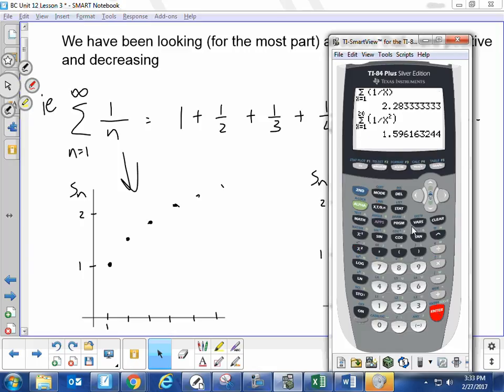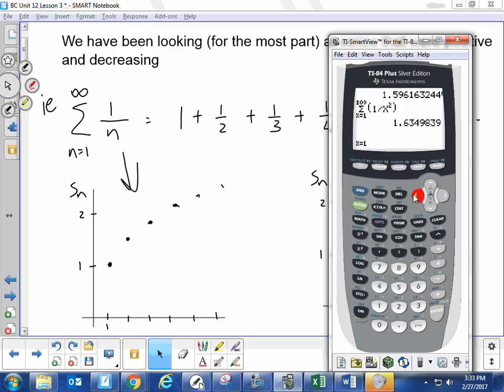And I got 1.59. I can go to 100 and see, are we increasing or are we approaching a value? 1.63. It is increasing, but it's increasing slowly.